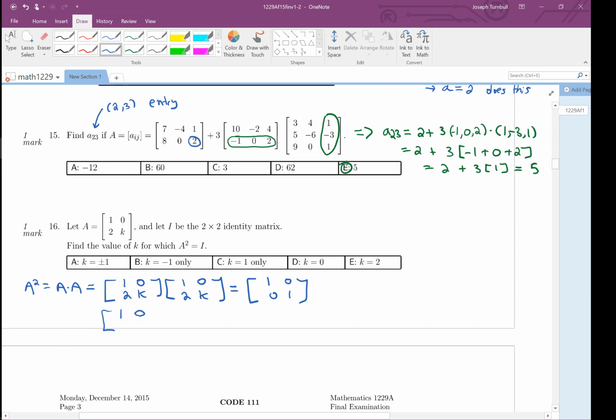Then bottom left, we're going to have second row times first column, so 2 plus 2k. And then last, we're going to have 2 times 0, 0 plus k times k, k squared. And we need that to equal 1, 0, 0, 1.